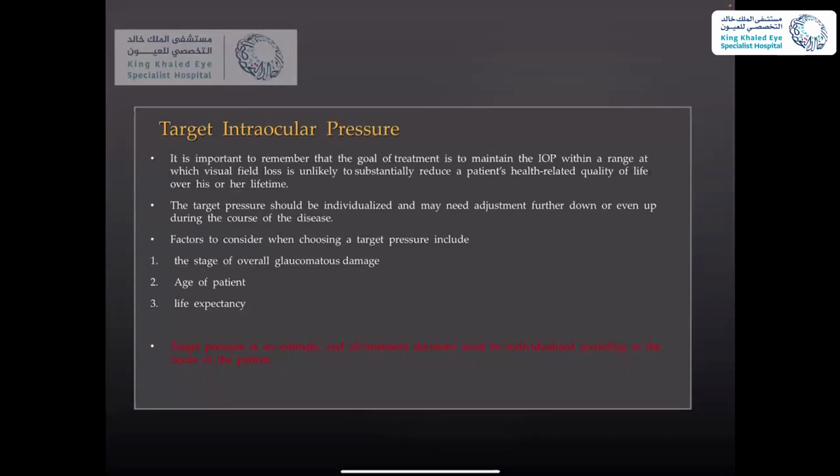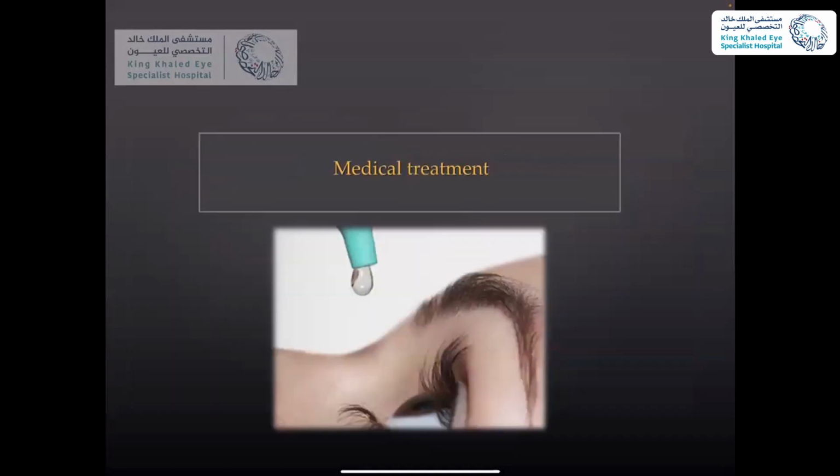So make sure that patient age and life expectancy are also taken into account. And always remember to change the target IOP if you feel that the patient is progressing or has been stable for a long period of time.